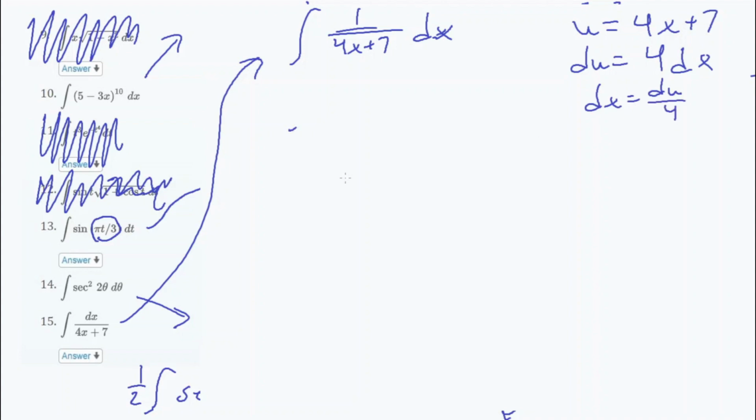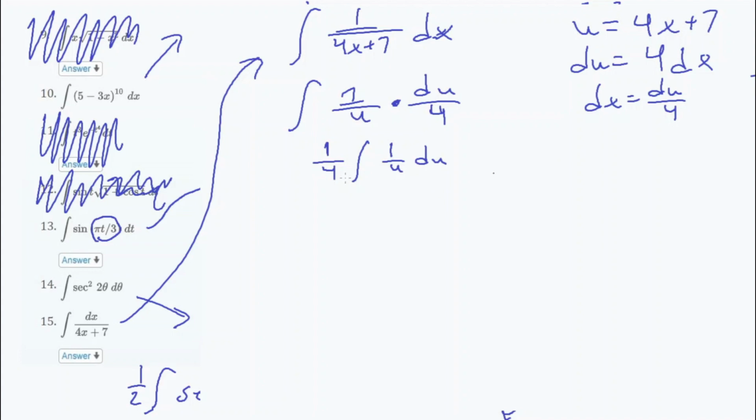And now let's start plugging in stuff. So we're going to have the integral of 1 over u, and you'll see a reason why I'm not putting u to the negative 1 power. And we're going to plug in dx, which is going to be du over 4. And since the 4 in the denominator is a constant, which is 1 over 4, we could bring it to the outside. So we're going to have 1 over 4 integral of 1 over u du.